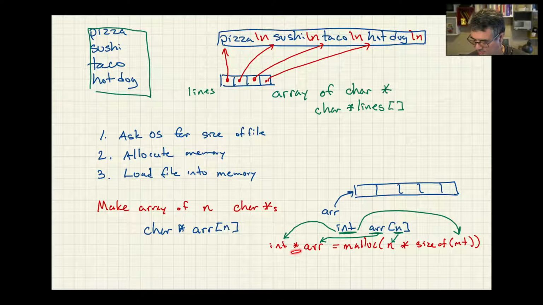And the only thing we add on is this star. See how that recipe works? So you take the type, and it goes here as the argument to size of, and it also goes out front here as the type of thing that we're making a pointer to. The name of the variable goes right here, and the number of elements goes right there. All you have to add on is this star to say that this variable here points to this array. Are we good?